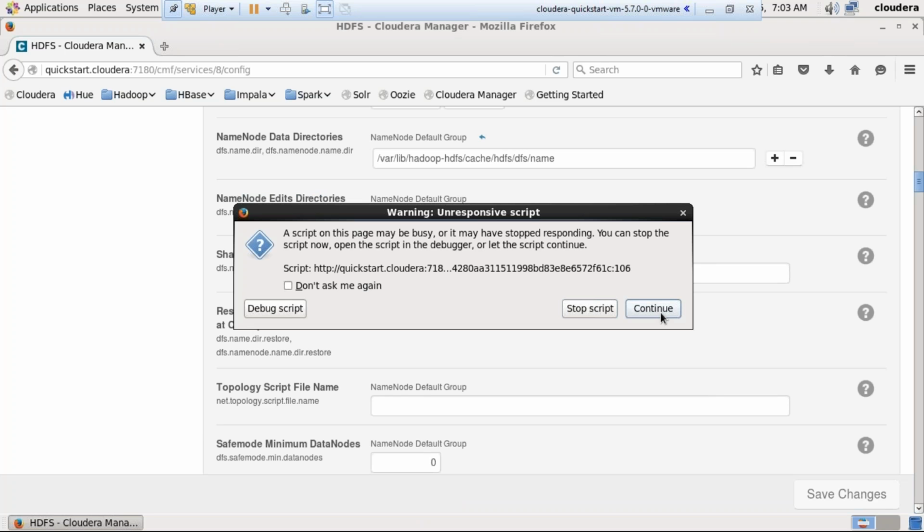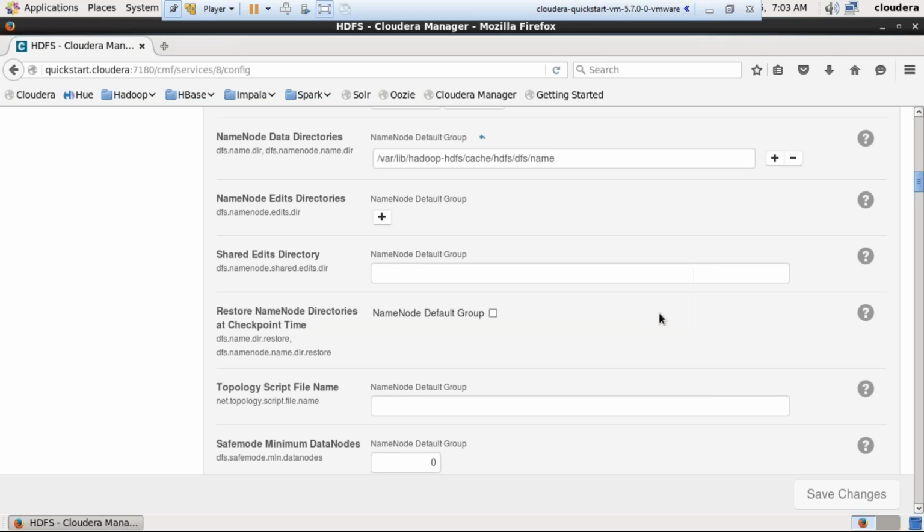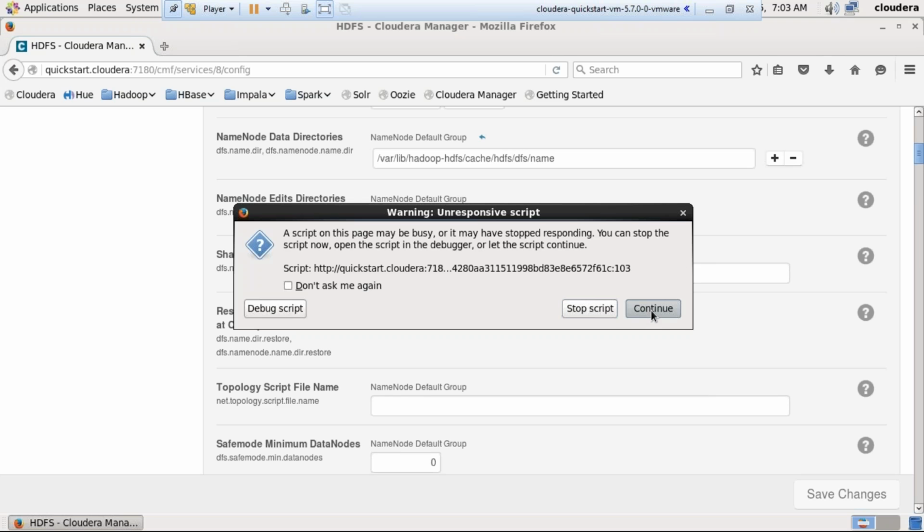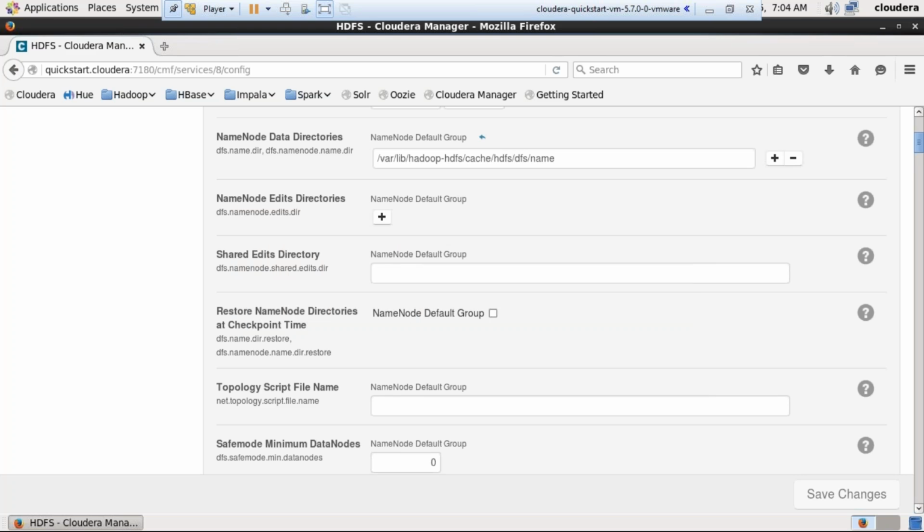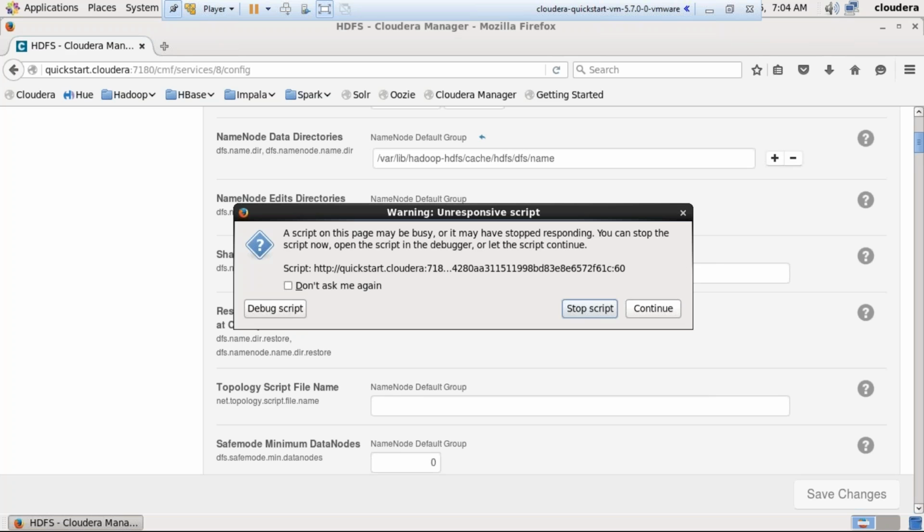But on a fully distributed mode, this is always in the control of the administrator. Depending upon your need, you can set it, but by default on a fully distributed mode, the replication factor is kept to be 3.